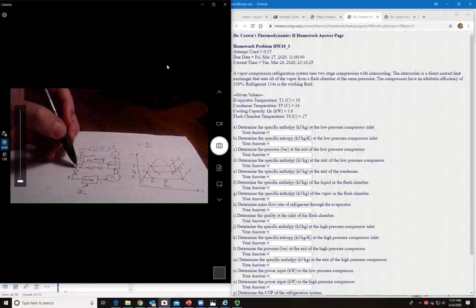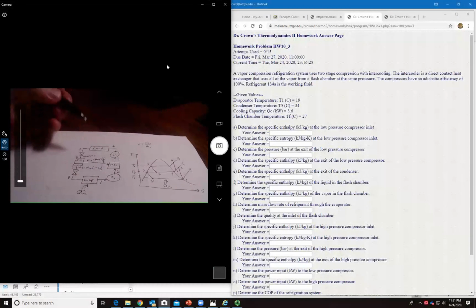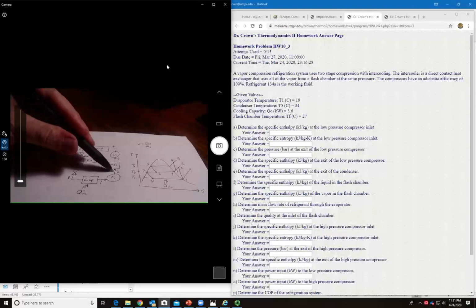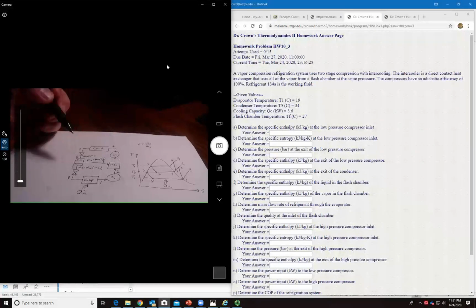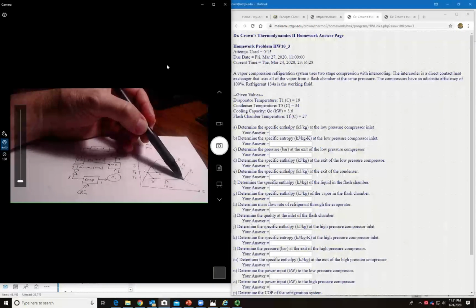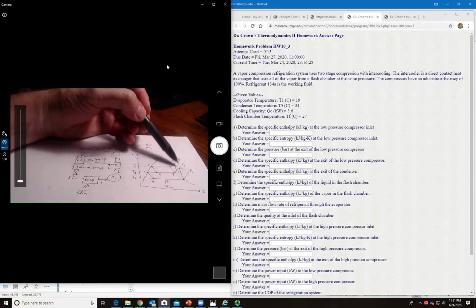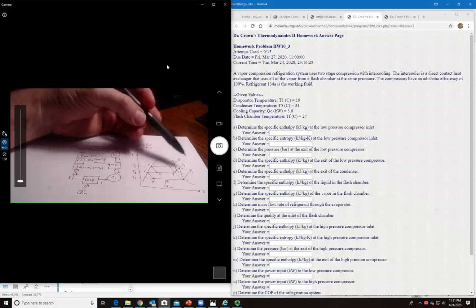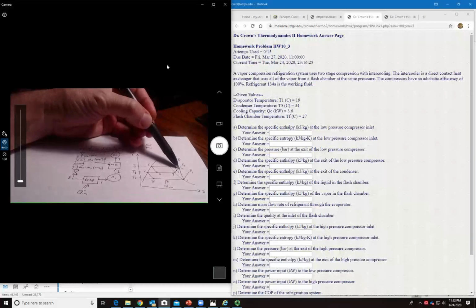So this state, this state, this state, those are all, so 6, 2, 3, 9, and 7 are all on the same pressure line. So saturated vapor enthalpy, we look up the entropy, use that entropy and this pressure to find this state. This is the saturated vapor.